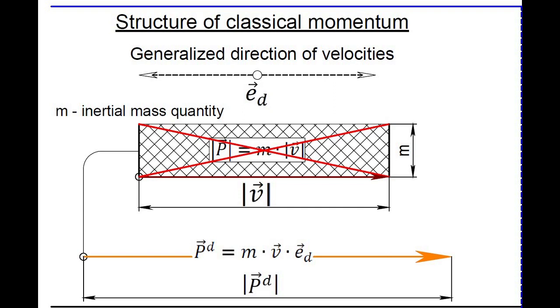In that way, I can draw two linear segments. The first segment is the velocity vector, and the second segment is the inertial mass. The velocity vector has a direction, and that direction gives the direction of the momentum vector.